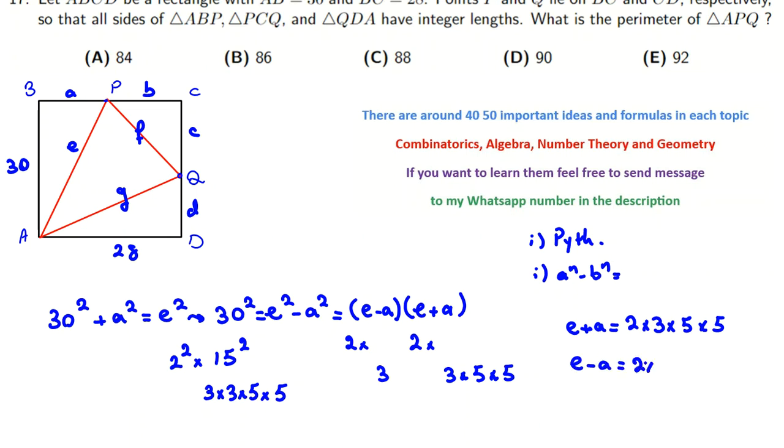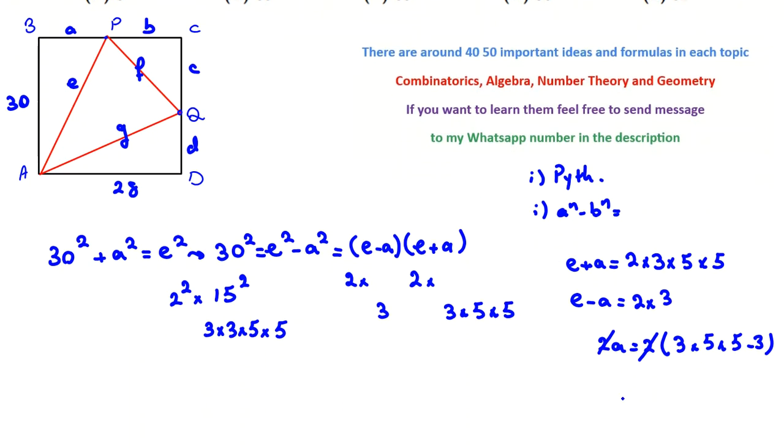Say e plus a is 2 times 3. Then when we subtract, 2a equals 2 times (3 times 5 times 5 minus 3). We cancel 2: 75 minus 3 is 72. Is it possible?